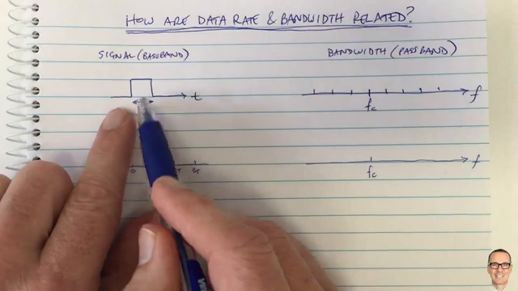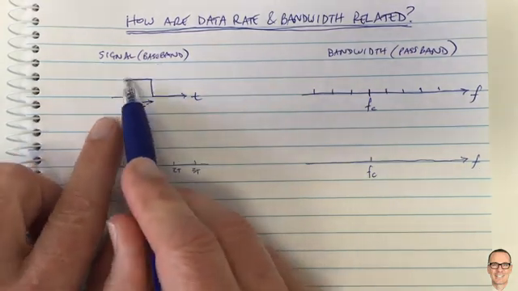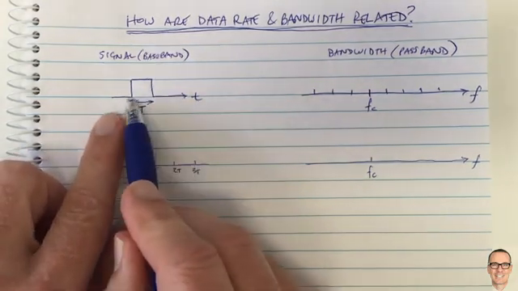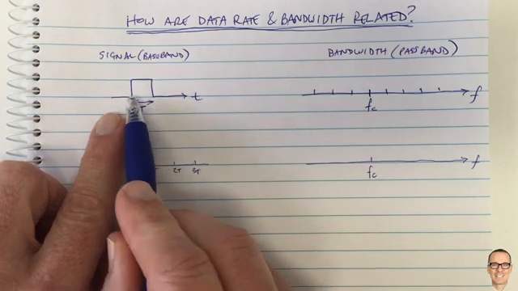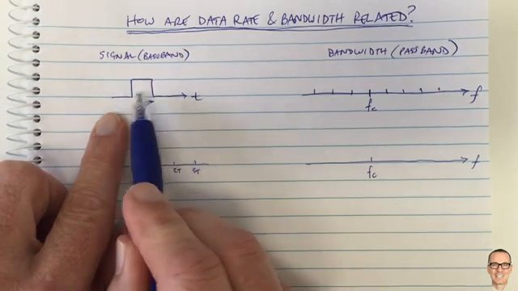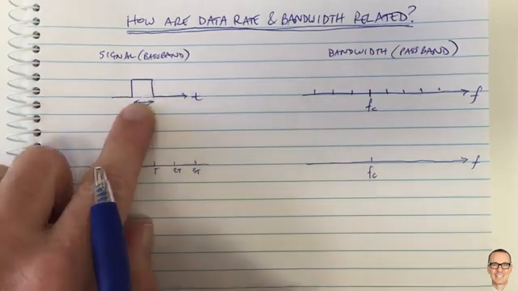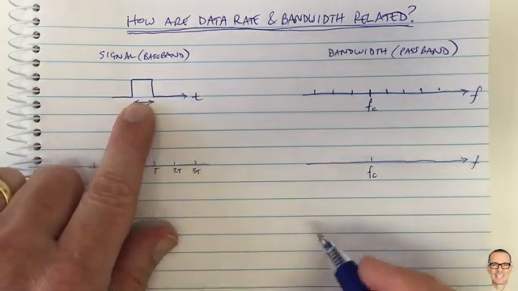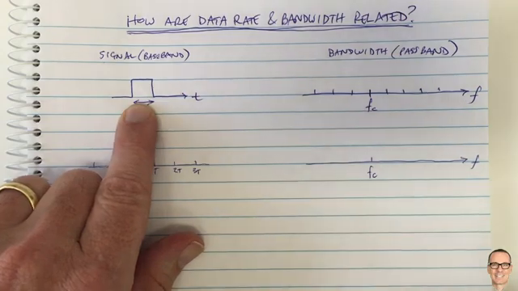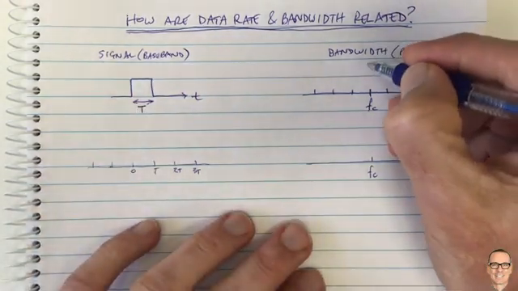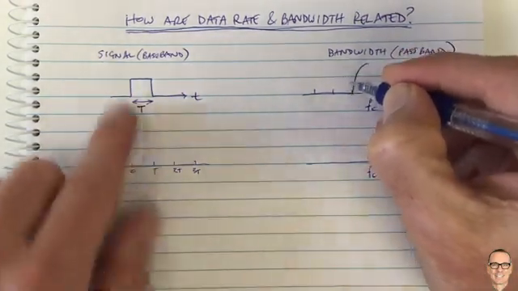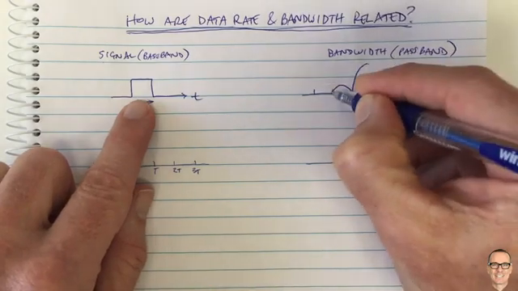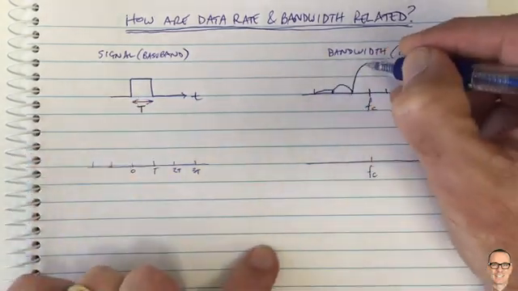So let's take our baseband signal. We're going to consider this one here, and let's look at this waveform where we want to switch it on and switch it off very quickly to represent a digital 1 in this case. We know the Fourier transform tells us that in the frequency domain, if I draw the magnitude of the frequency components of this waveform, then it looks like this.